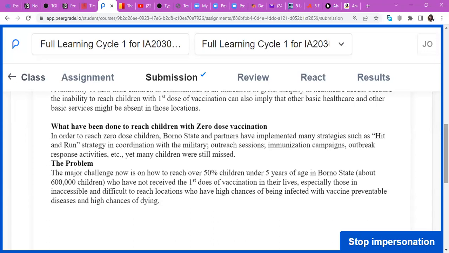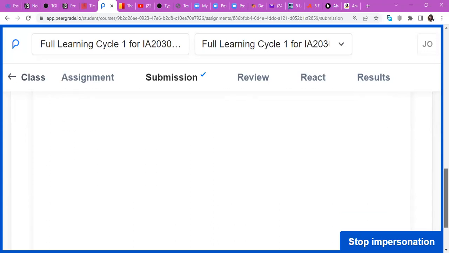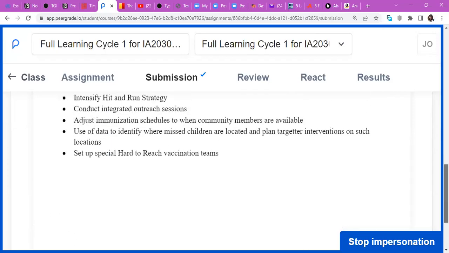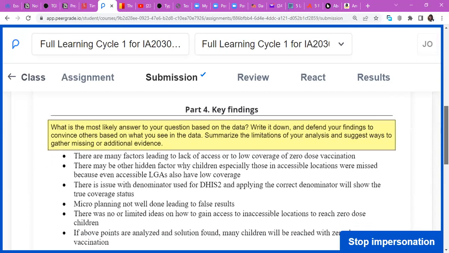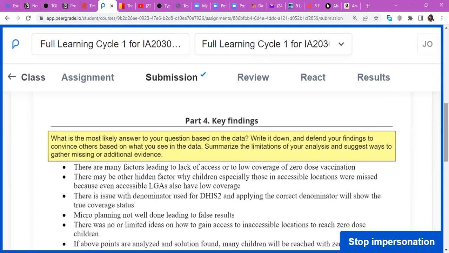And my findings, after looking at all these things, I found out that the factors leading to this lack of access are many. They are complicated. And there are other hidden factors, especially as it relates to vaccine hesitancy, that people have not come out to say these are why they are refusing their children getting vaccinated. Some are related to cultural reasons, some are religious.